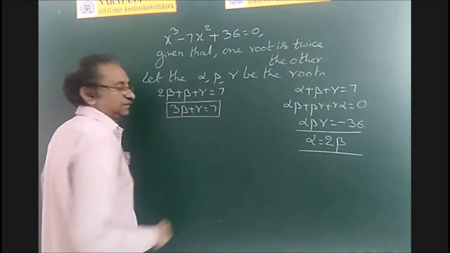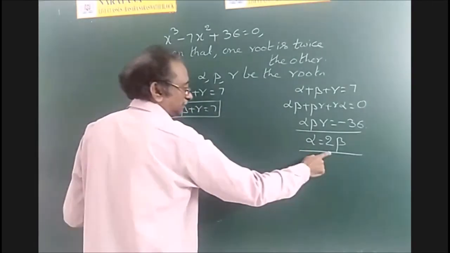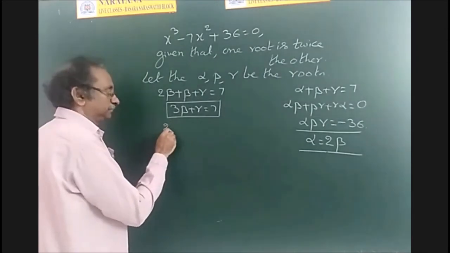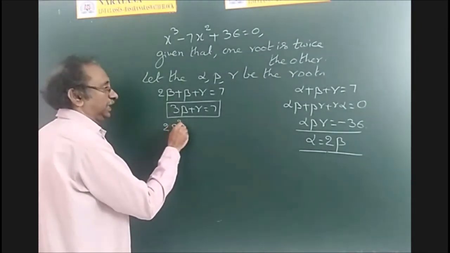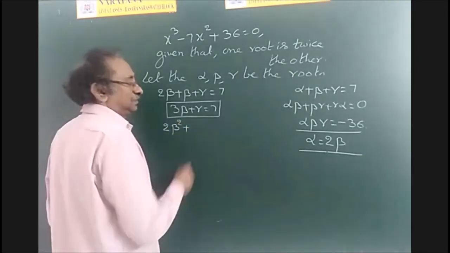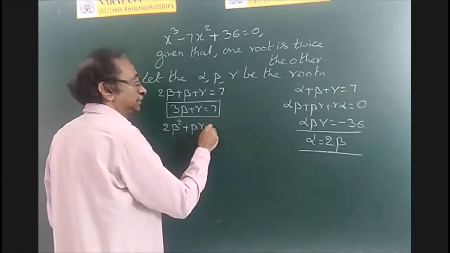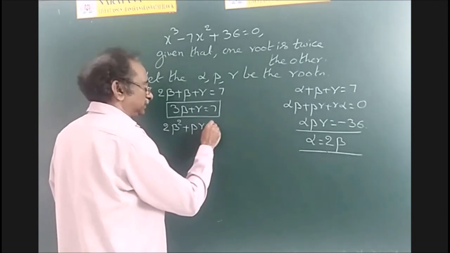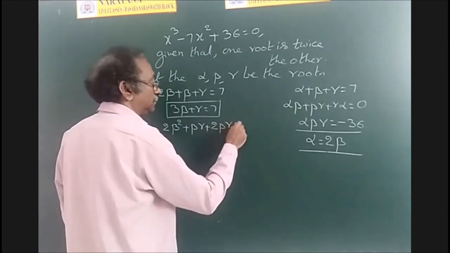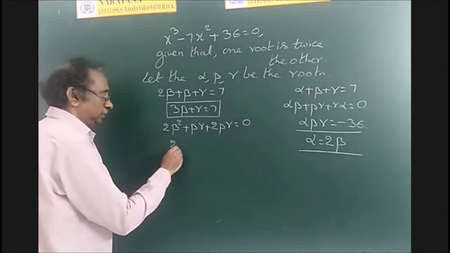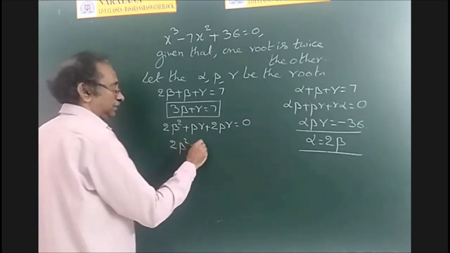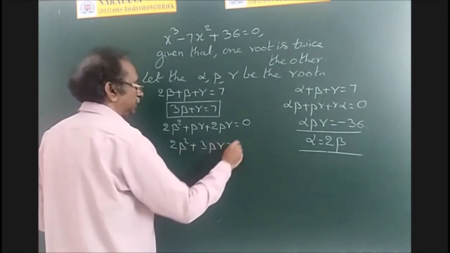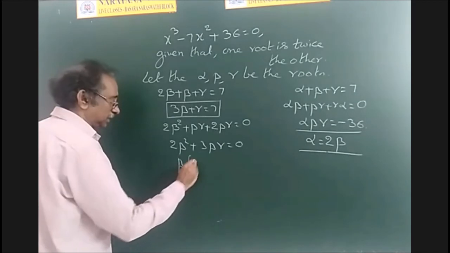So this is one equation. Here also in place of alpha, write 2 beta. So 2 beta square plus beta gamma plus, in place of alpha you can write 2 beta, that is 2 beta gamma is equal to 0. That is 2 beta square plus 3 beta gamma is 0. Take beta common.